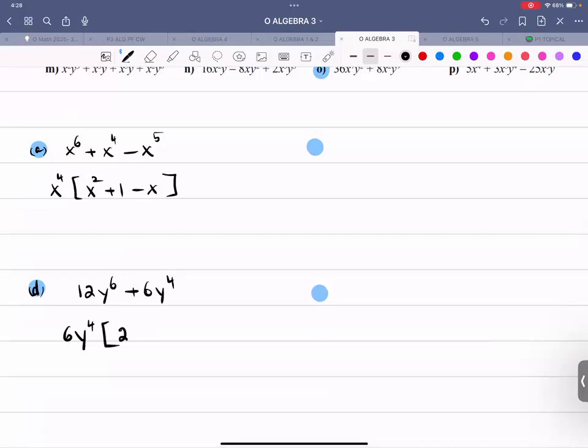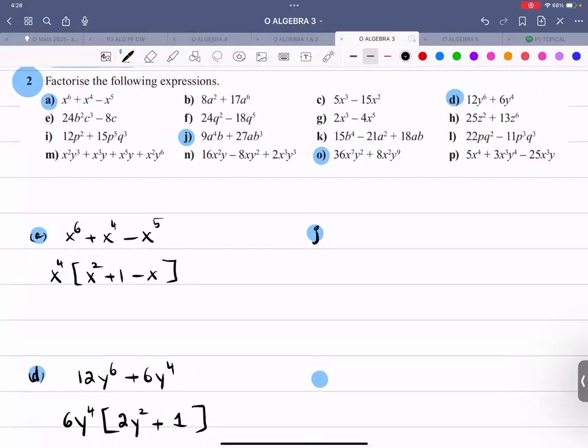This is 2y square, and this is 1. And then J, this is 9a power 4b plus 27ab cube. So I can take 9 common out, I can take a common out, I can take b common out. So 9ab, I'm left with a cube. 27, 3 is left, a is gone, b is gone, b square is left.